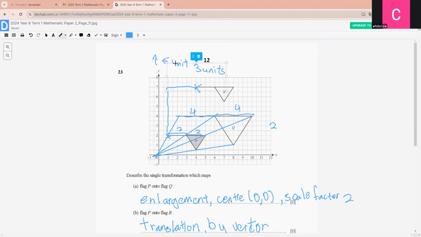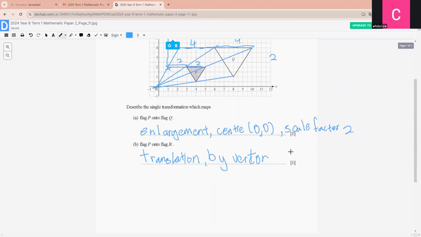So moves up by 5, moves right by 3. When you write a vector, the number that goes on top is the left or right, in this case, right by 3. And the number at the bottom is up or down, in this case, up by 5. So that is our vector, and that is all for paper 2.